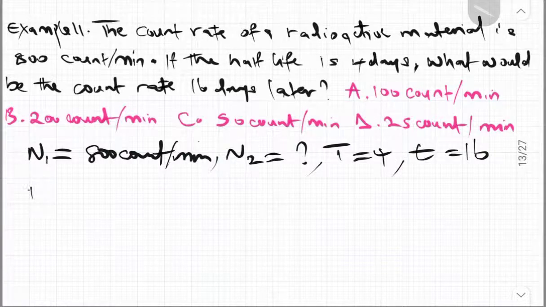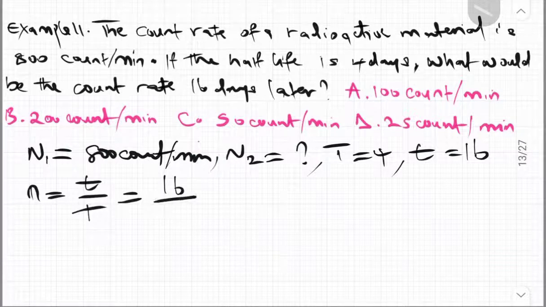Since n is equal to small t over big T, this is 16 over 4, which is equal to 4.